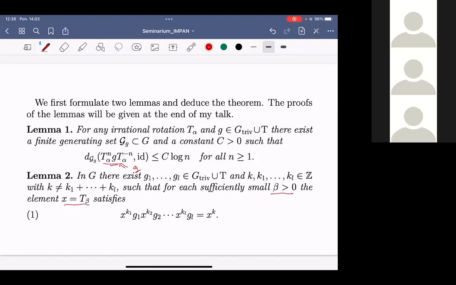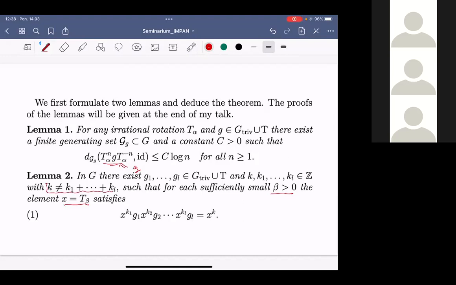I think that the most difficult part of this proof was just to find such an identity which will be satisfied by all rotations with beta sufficiently small, and which will satisfy this condition on k.